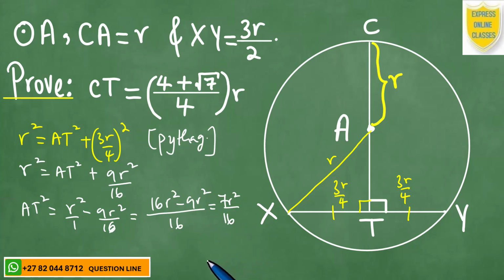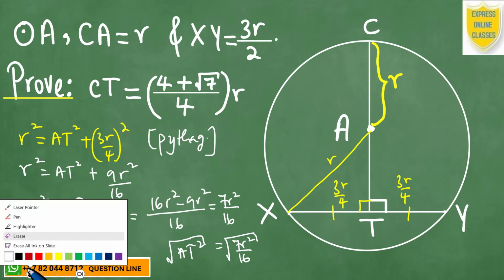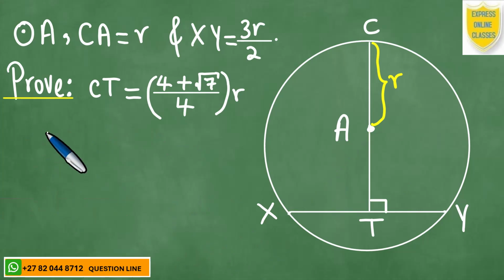Now, if AT squared is equal to this, we can take the square root of AT squared and also the square root of 7r squared divided by 16. So the square root of AT squared equals the square root of 7r squared divided by 16.